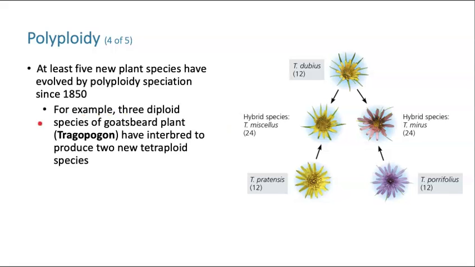mirus. And again, the T stands for Tragopagon over here. The same thing, T. dubius mating in this case with T. pratensis led to the hybrid species of T. miscellus, and that also has a chromosome number of 24.